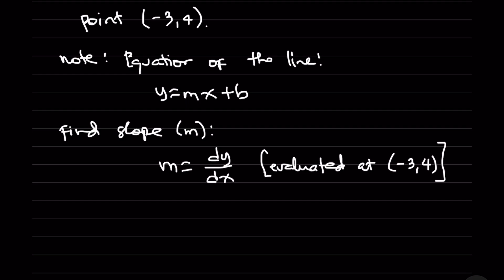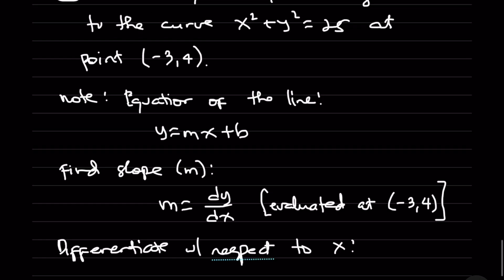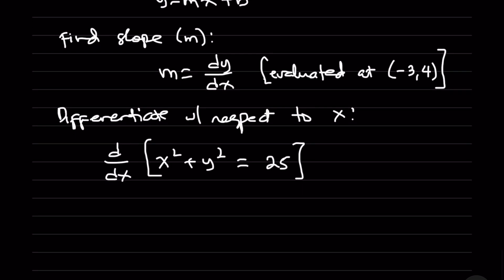We take note that this is the derivative of y with respect to x evaluated at negative 3, 4. So let us differentiate the equation with respect to x. The original equation is x squared plus y squared equal to 25. Differentiate that with respect to x. So we use implicit differentiation.